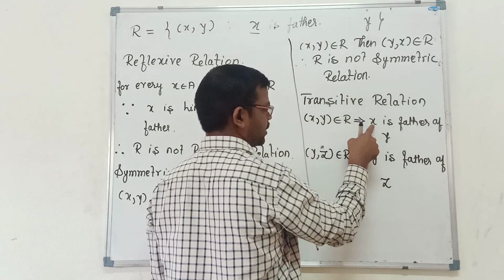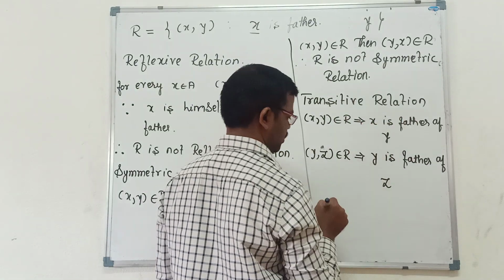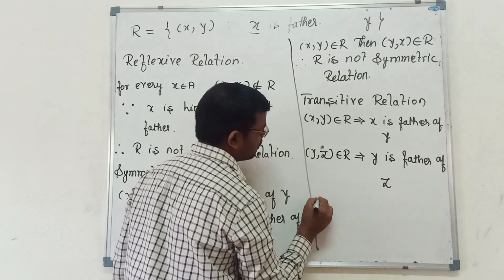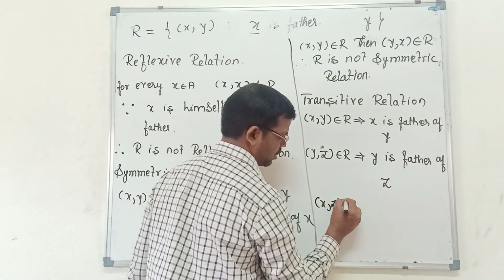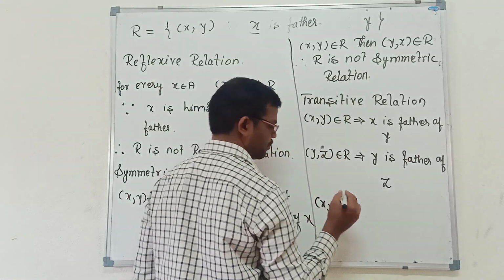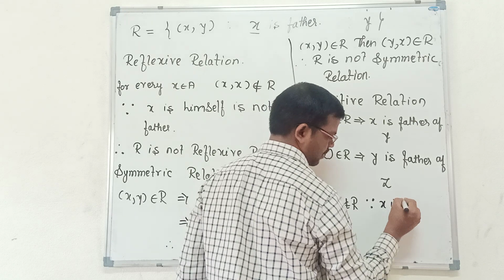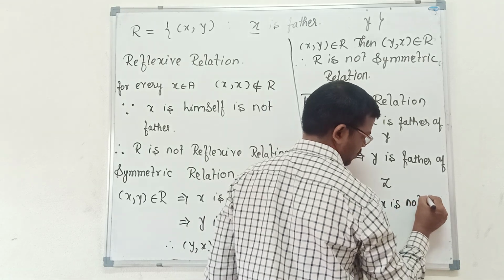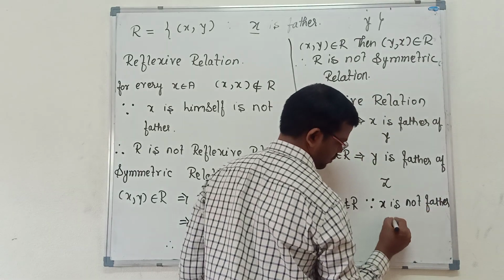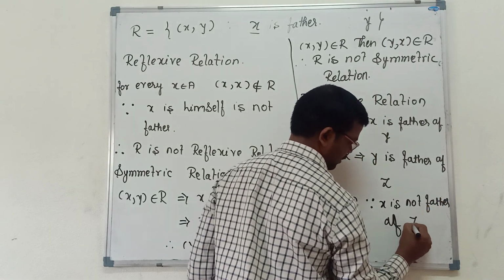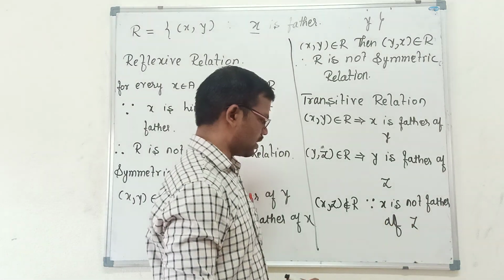So what about x? Is x the father of z? No, x becomes a grandfather. So then x comma z does not belong to R, because x is not a father of z. x becomes a grandfather.